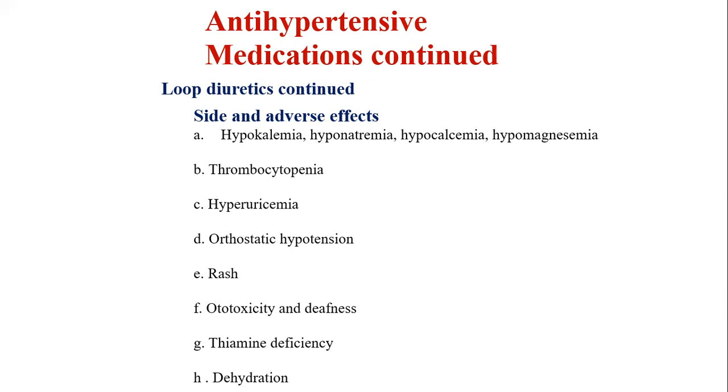But particularly they can cause tinnitus, constipation, or increased BUN level, photosensitivity as with thiazide diuretics, or hyperglycemia, right? An easy way to remember: loop diuretics can cause hypokalemia, hyponatremia, hypocalcemia, hypomagnesemia, and thrombocytopenia. So all go down or reduce.